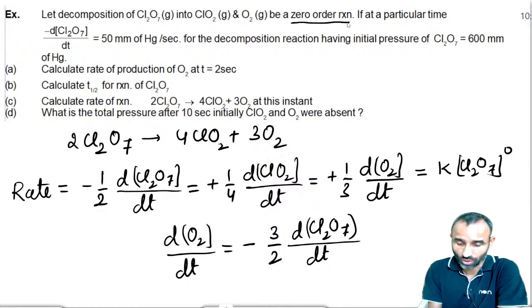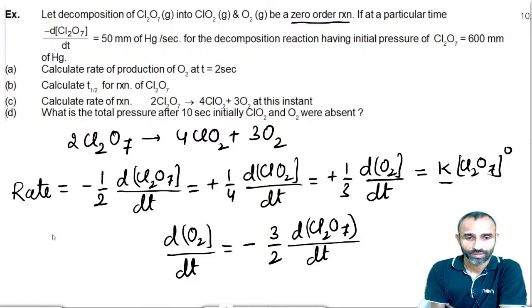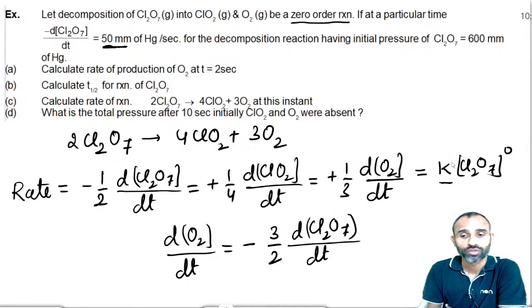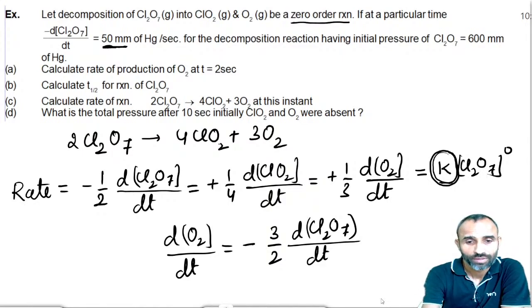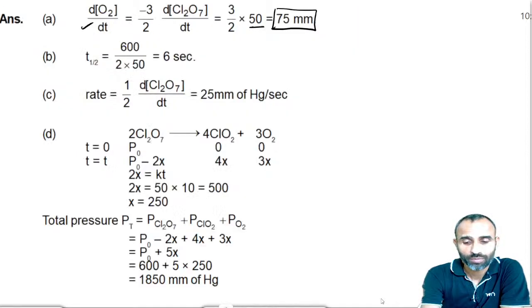So it is given as a zero order reaction. This is equal to K. So in this way, minus d[Cl2O7]/dt is given as 50. What is K? K comes out to be 25, that is, K divided by 2 into 50. 600 is P naught, right?